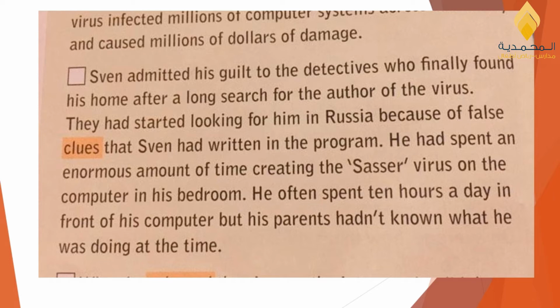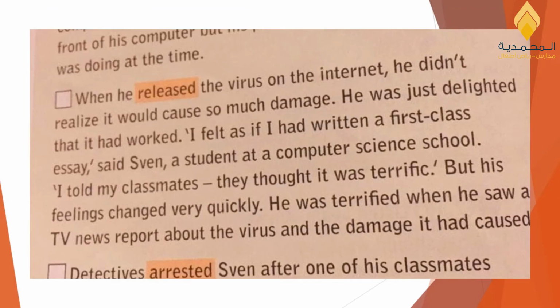But where was he? He was in his bedroom in Germany. He spent a lot of time on his computer in his room, and his parents didn't know what he was doing. When he released the virus on the internet, he didn't realize it would cause so much damage.